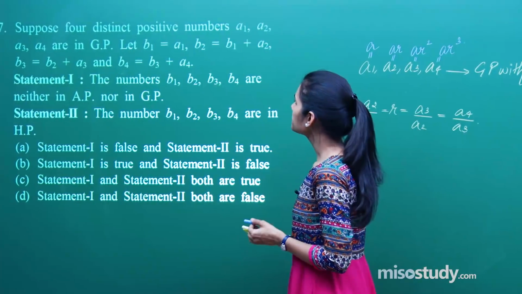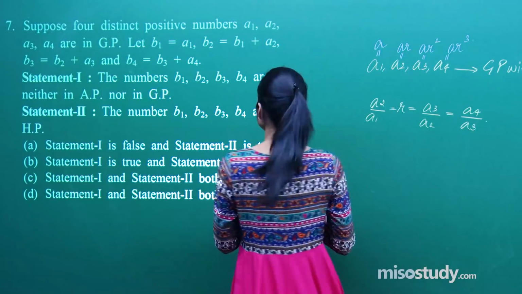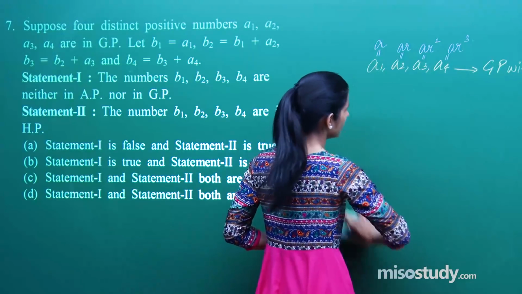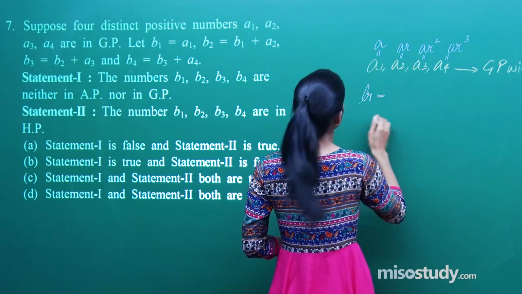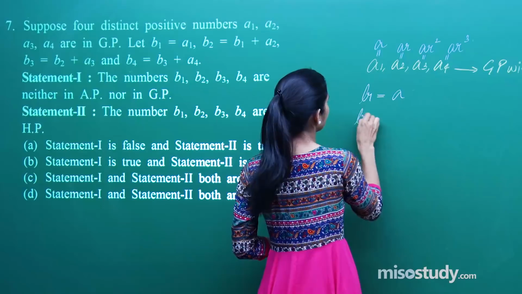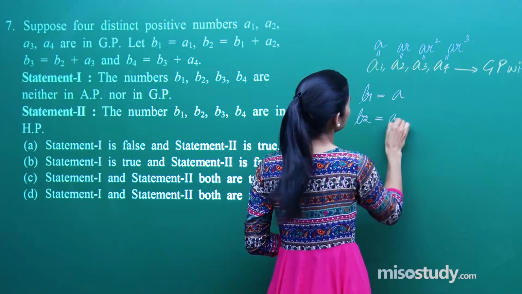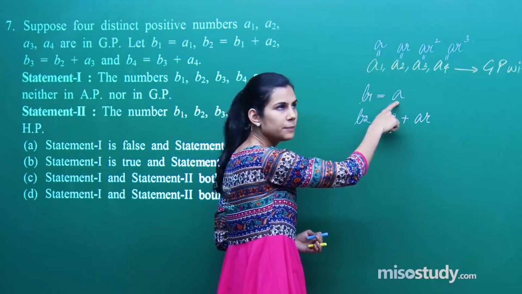Further, the question says B1 is A1, so we are defining B1, B2, B3, B4 as 4 new quantities. B1 is equal to A1, A1 was equal to a. B2 is B1 plus A2.